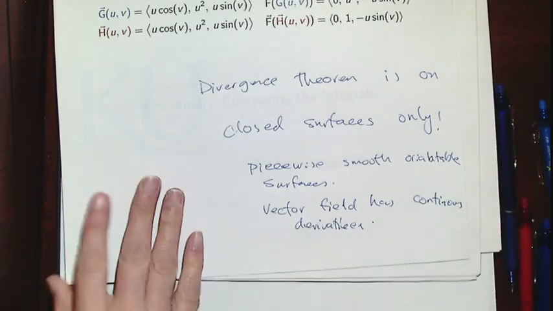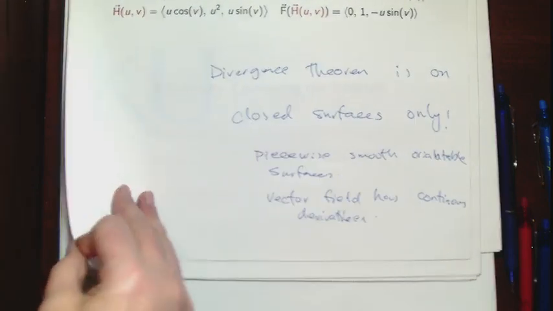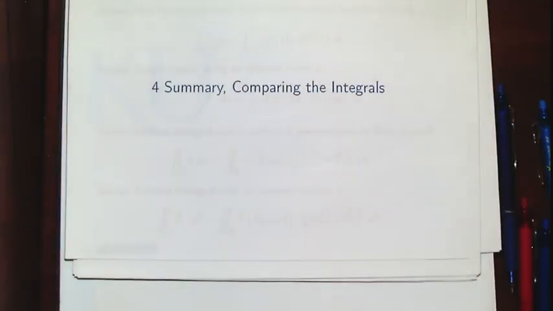You want divergence to be continuous and nice. Okay. Summary, I'm going to talk about it again later. Let's start another section. Sorry, guys.